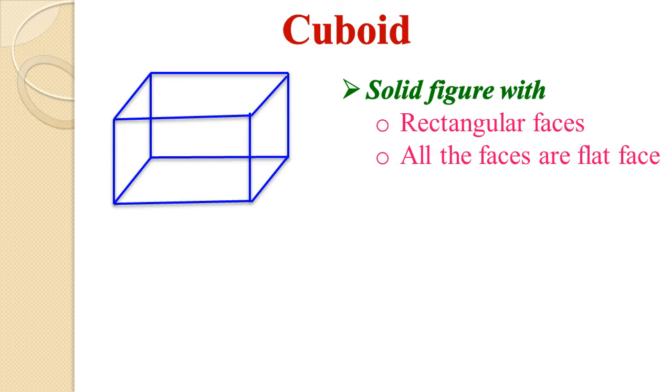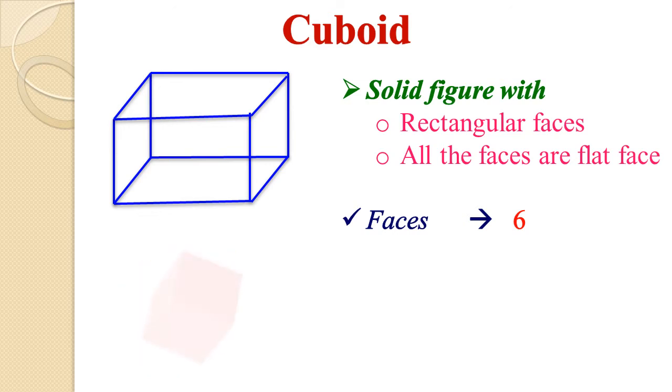So let us see the number of faces, edges and vertices of a cuboid. A cuboid has 6 faces.